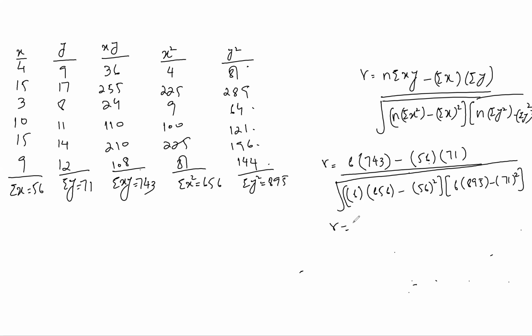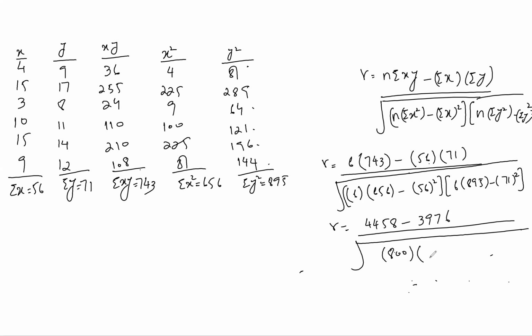So if I solve this, 743 times 6 is 4458, minus 56 times 71, which is 3976, divided by this: 656 times 6 minus 56 square, and the answer is 800.